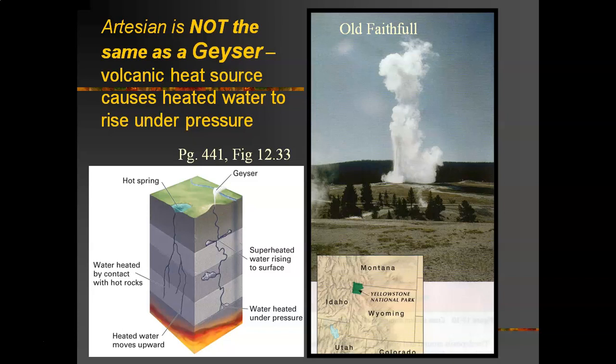A geyser has a volcanic heat source. Actually, Yellowstone National Park is basically a volcano that hasn't made itself yet. It's got hot lava very close to the Earth's surface, and the groundwater is constantly moving over that hot lava, becomes heated, expands, creates pressure, and then rises to the surface through fractures.